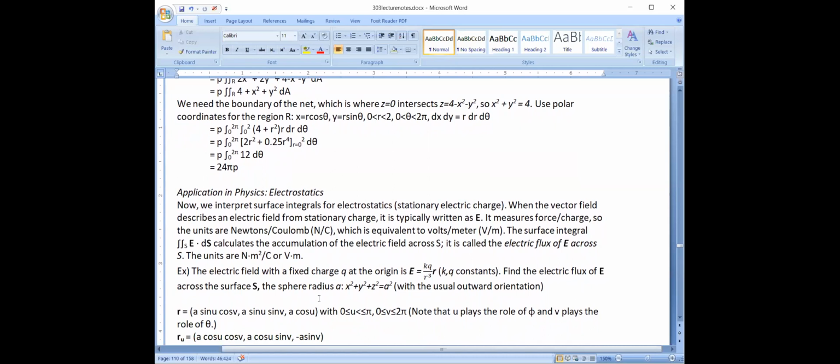Showing you the calculation again really quickly, even though we've done it before. dr du equals a cos u cos v, a cos u sine v, negative a sine u.